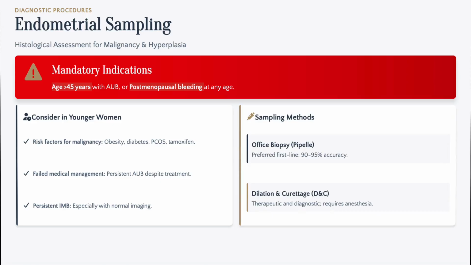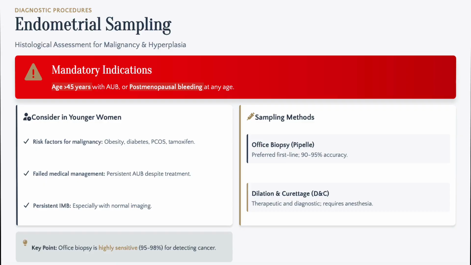And how do you do the sampling? You can use office biopsy with Pipelle, which is the preferred method in the majority of cases, but you can also use dilatation and curettage. It is therapeutic and diagnostic at the same time, but the problem is it requires anesthesia.